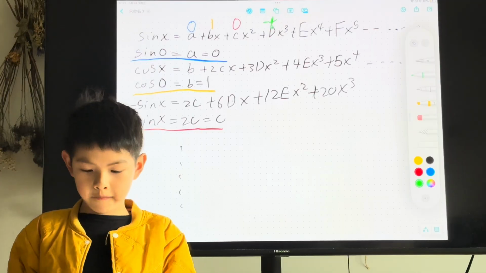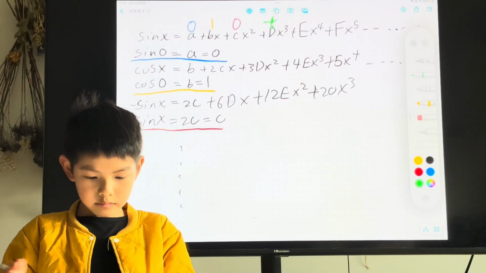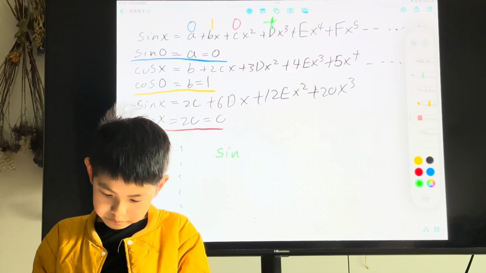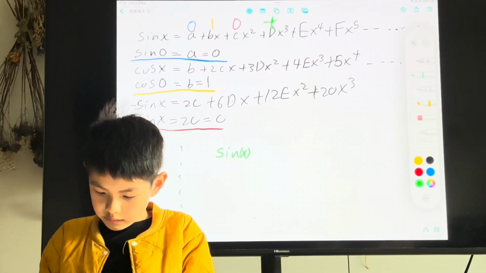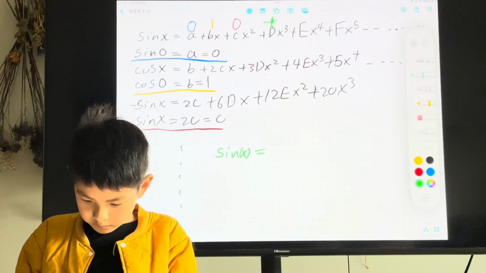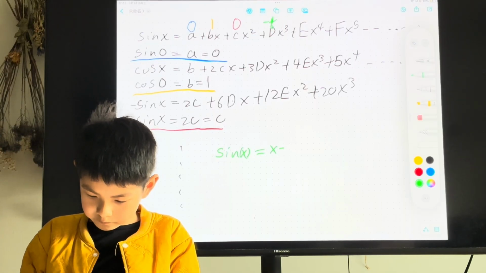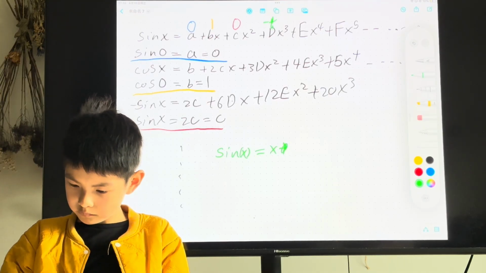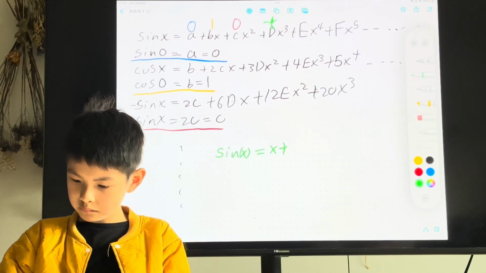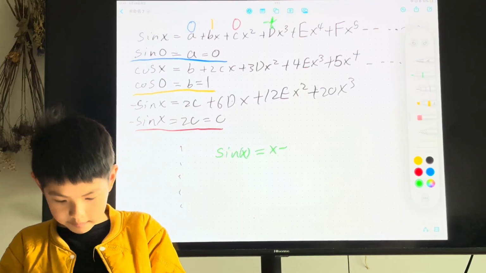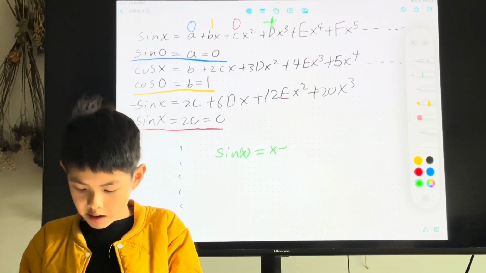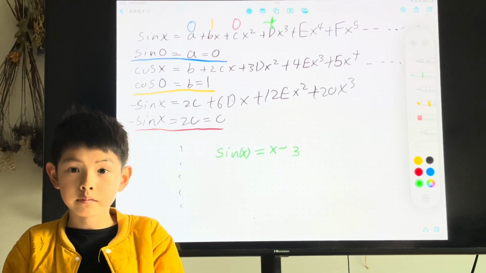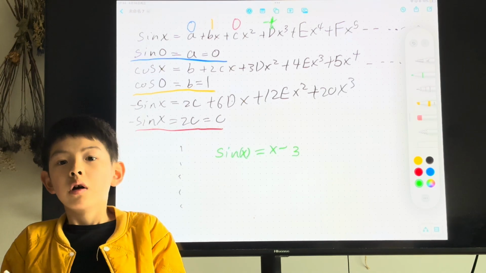So this is the Taylor series for sine of x. Is there any pattern? Yes, the pattern of the powers is this. And is there any pattern of the denominators?